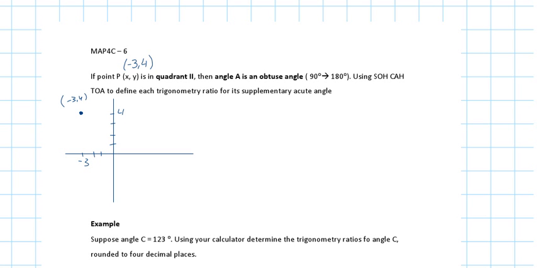From the point to where? To the origin, guys, to the origin. So you have to draw a line from the point to the origin. And then to form my triangle, I draw a vertical line straight down, which forms my triangle right here.